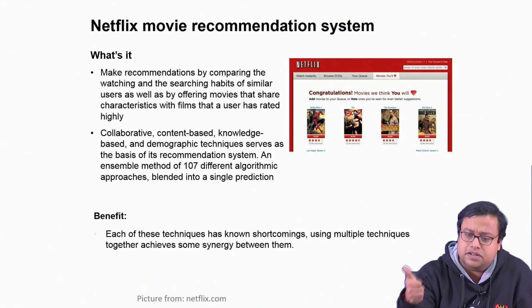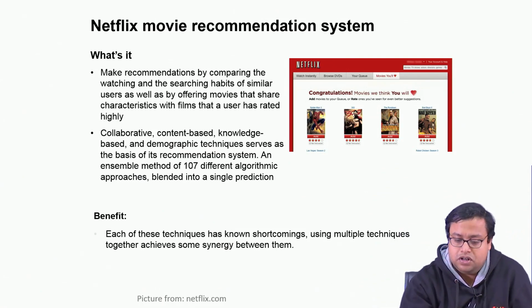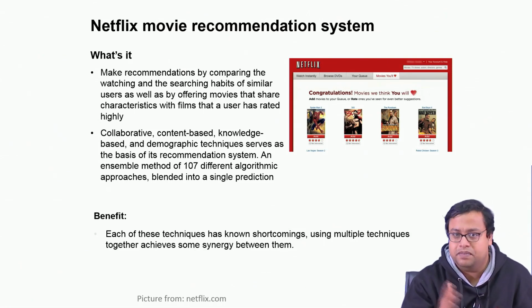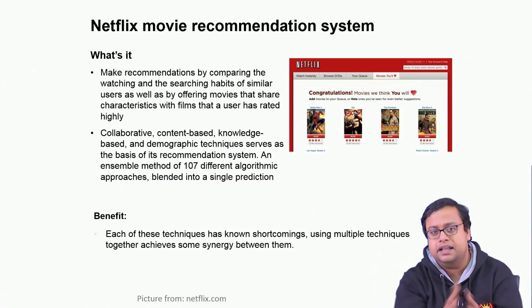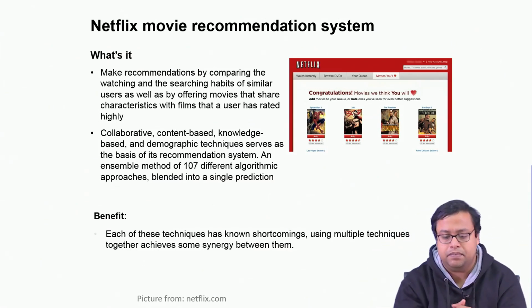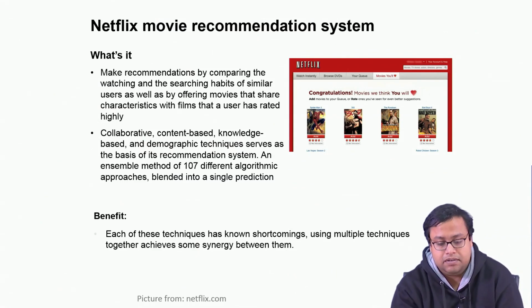So, collaborative filtering is used, content is used, and also the demographics of the customers are used. So, it is an ensemble method: user based, item based and content based. Then they create a recommendation engine with all these three, match them together and create an ensemble of 107 different algorithm approaches.